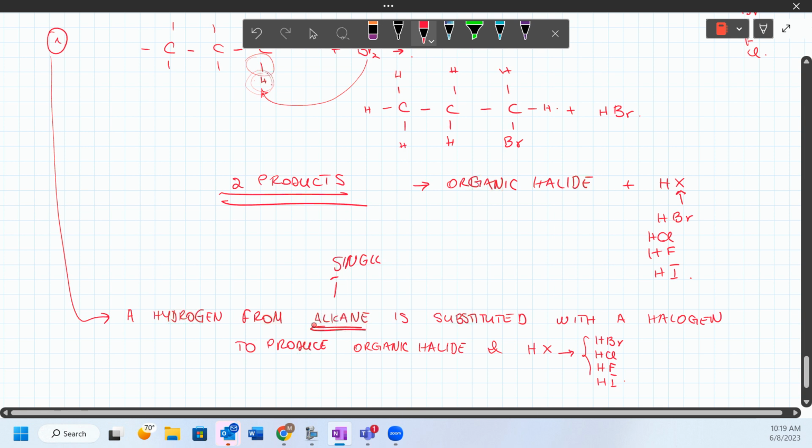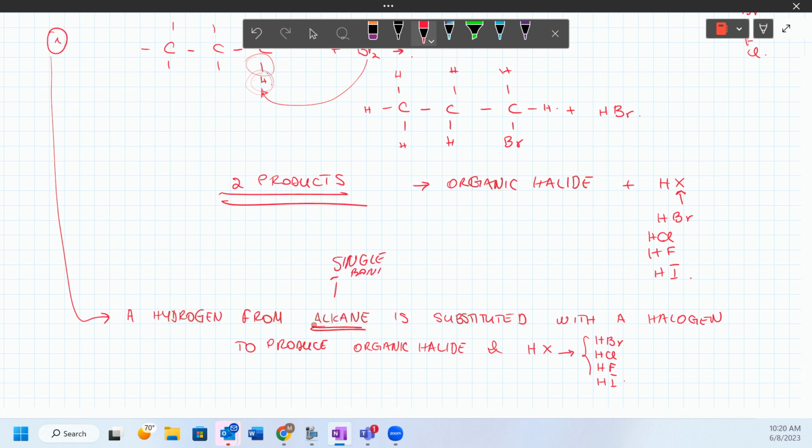This is what we will see in Chemistry 30: it is reacting with halogen gas, whatever is in group 17. One of those is going to replace the H, and the H is combined with whatever is left from the halogen to form the acid. That can be HBr, HCl, HF, or HI.